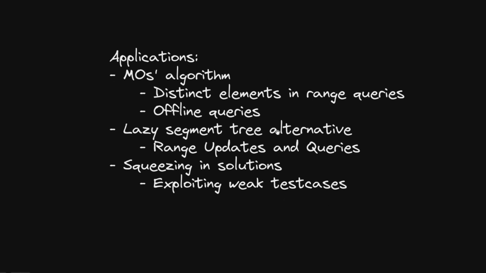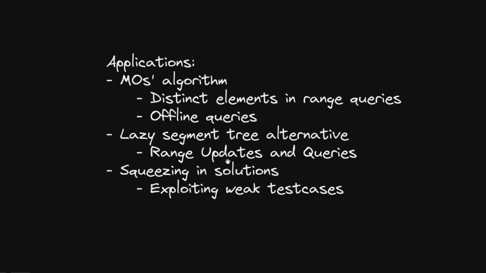You can also use range updates and range queries similar to lazy segment trees by performing some updates in the implementation that we saw earlier. Then sometimes in competitive programming you can find there are weak test cases, so you can use this technique to exploit a weaker constraint.